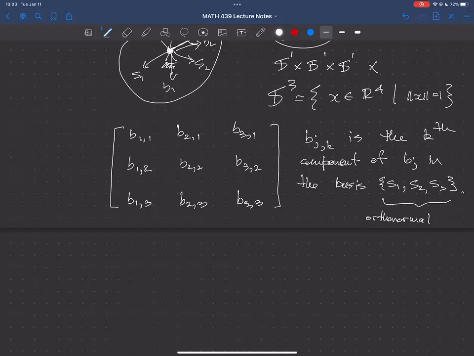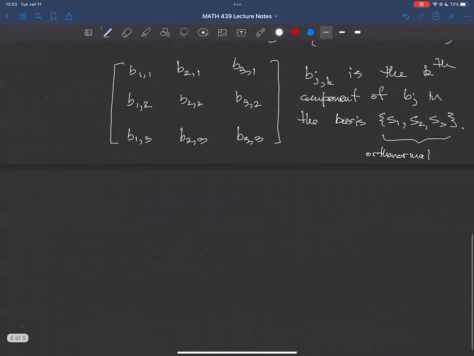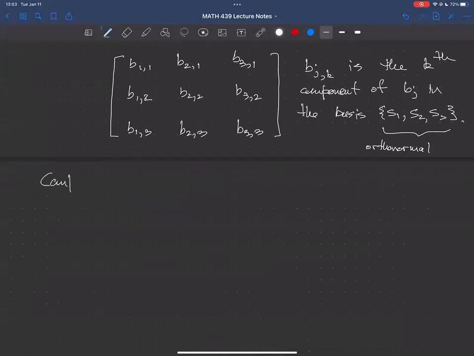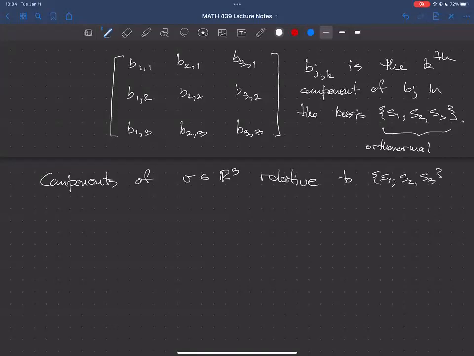So if you want to find the components of an arbitrary vector V in R3 relative to an orthonormal basis, let's say S1, S2, S3, that's very easy. Do you remember how to do that? How do you find the components of a vector in an orthonormal basis?